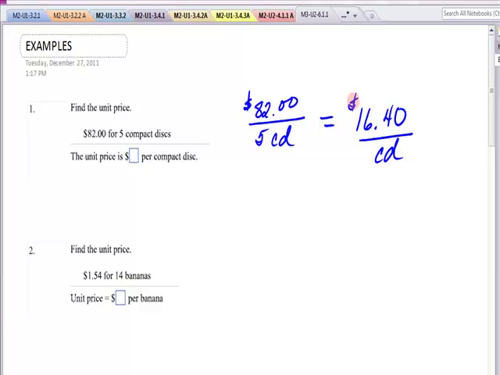Now, you're not going to have to worry about the labels because those are incorporated into the answer. The unit price is, and you will put in 16.40, and it says per compact disc. So this is the price for one. The unit price is the price for one.